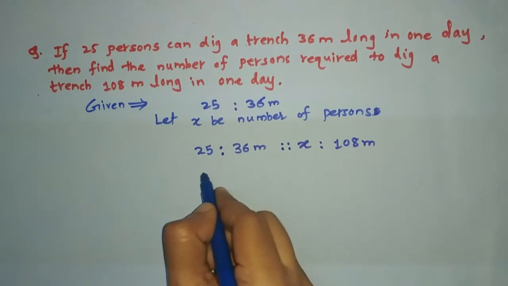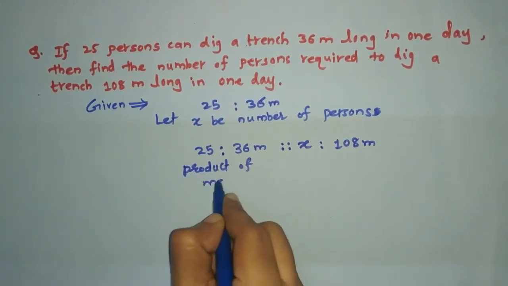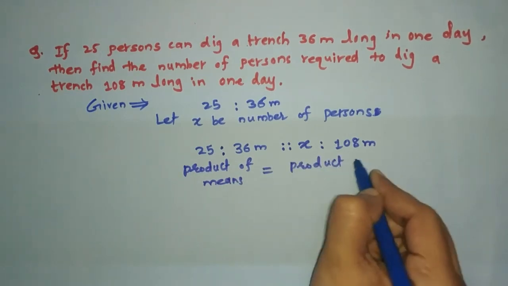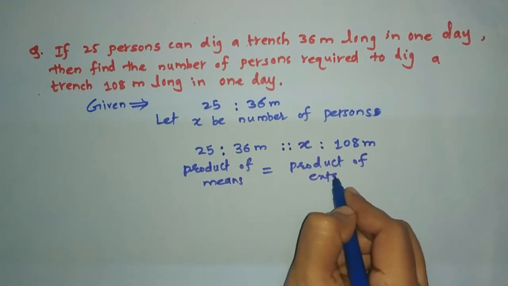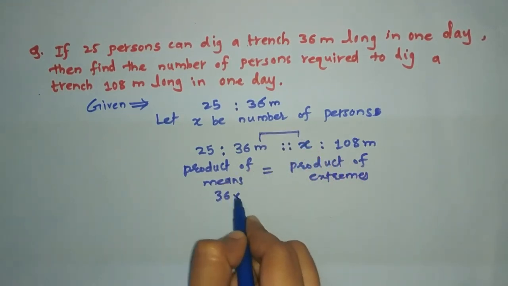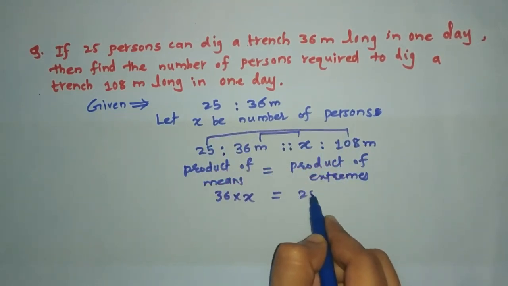So we'll write down here the product of means is equal to product of extremes. So we'll take the multiplication of 36 and X with the multiplication of 25 and 108.